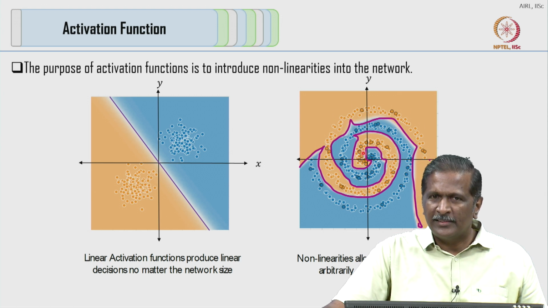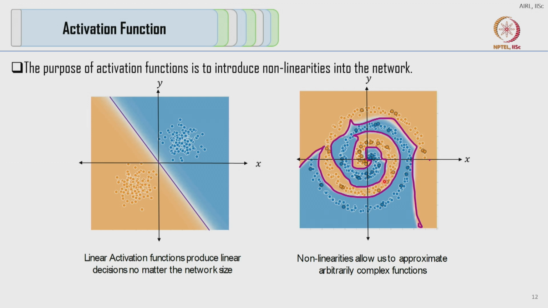A set of samples where the red samples are in a spiral, and the dark blue samples are also in a spiral. How do I separate them? I cannot draw a simple line. I may need a complex boundary like this to separate the data. So, introducing a nonlinearity helps this neuron to approximate nonlinear decision boundaries effectively.